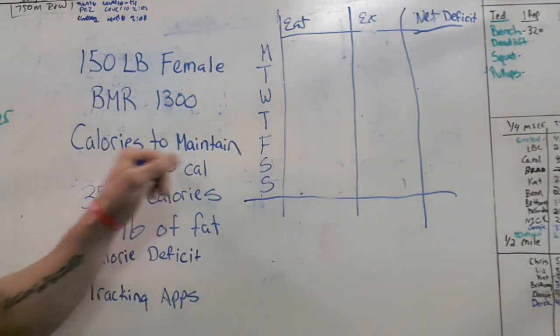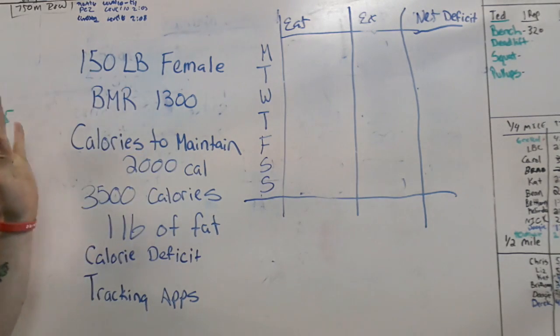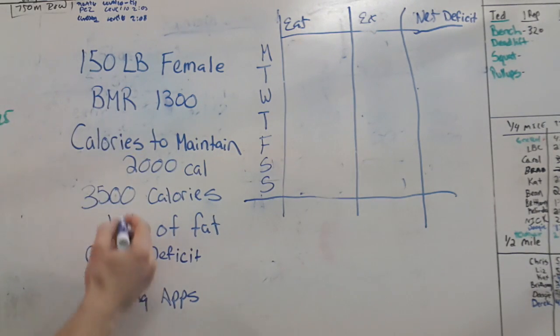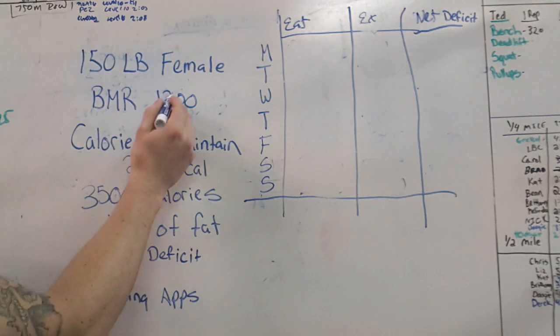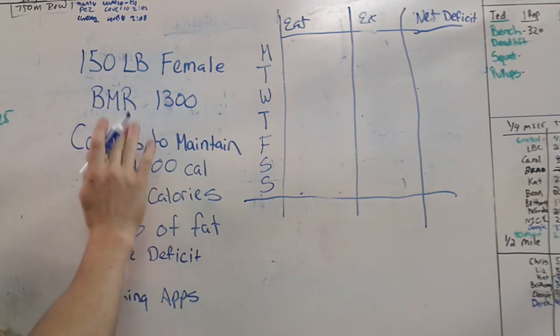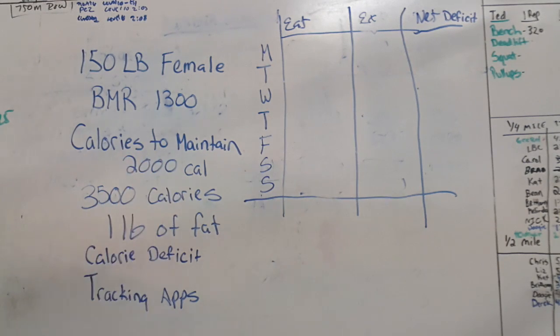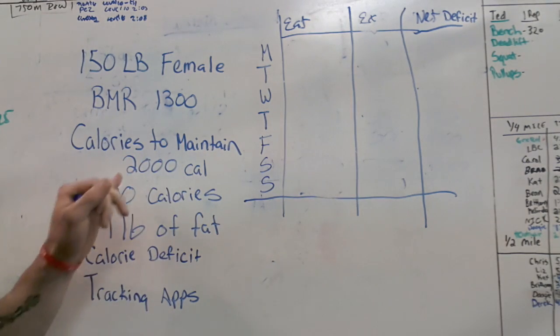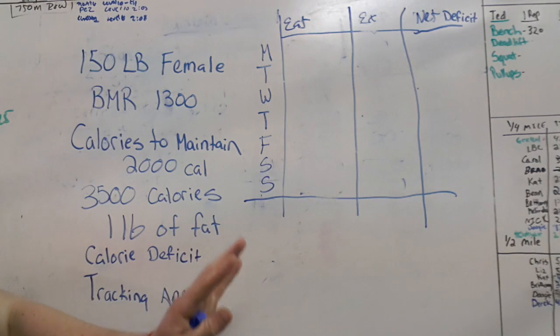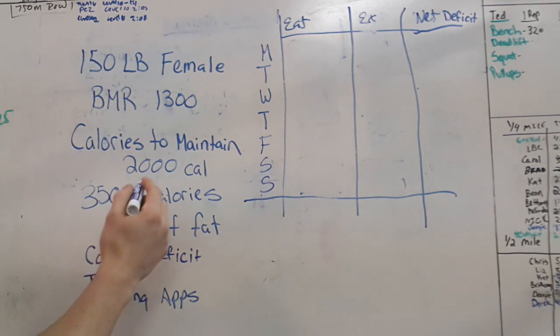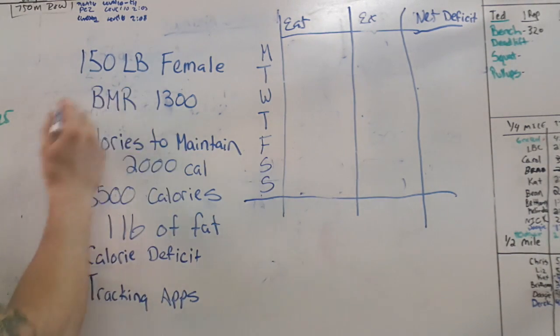So we're going to use this to show how to create a deficit. If you go back to this BMR, that's 1,300 calories, and then we can assume that about 700 calories are what would be used during daily activity and stuff like that. That's why you maintain that weight, so 2,000.